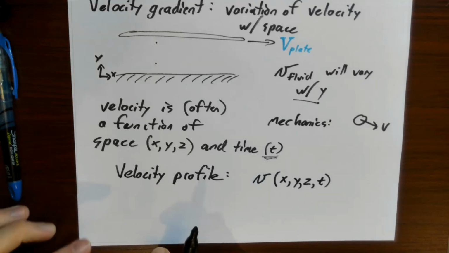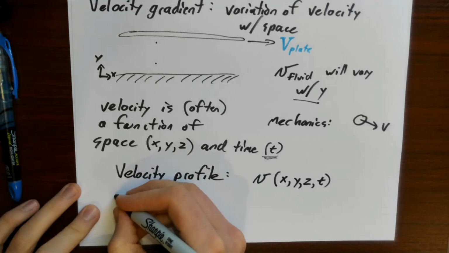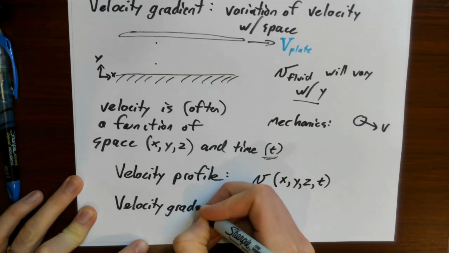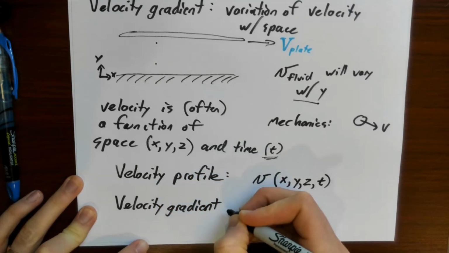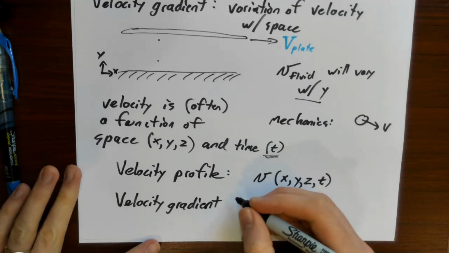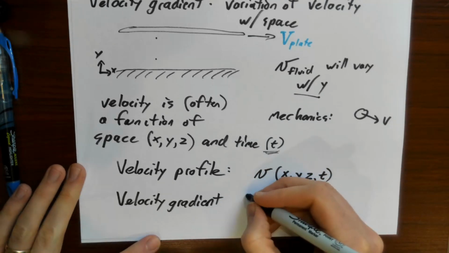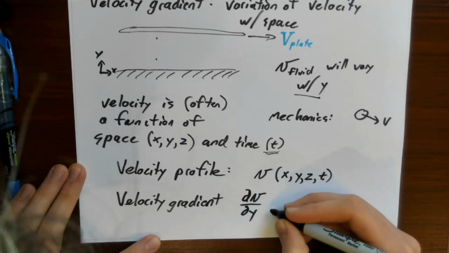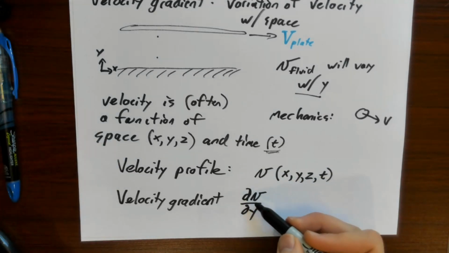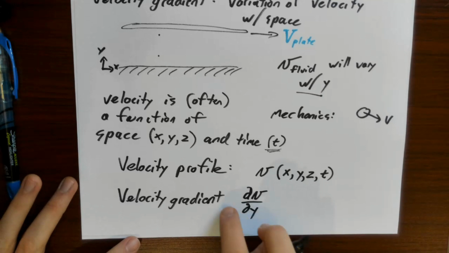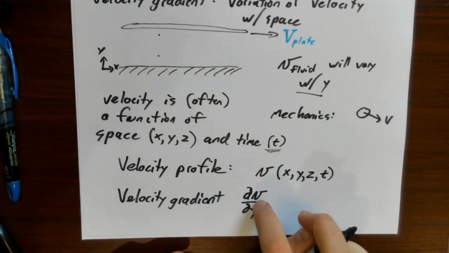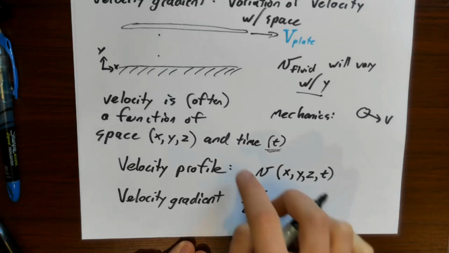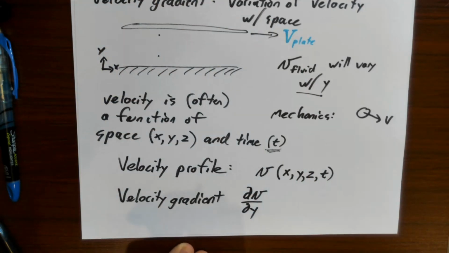And a velocity gradient is a derivative of this velocity with respect to space, right? So for example, there can be multiple velocity gradients. There can be a velocity gradient with respect to y, or x, or z, or t. In this case, we'll have a y velocity gradient, right?